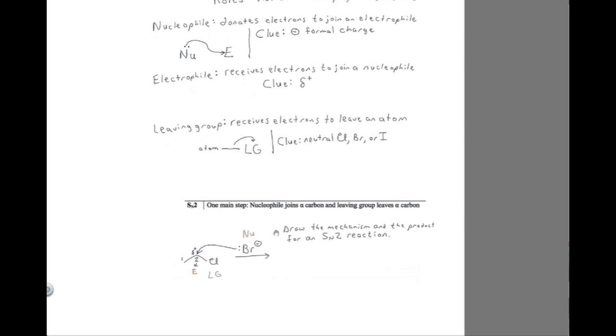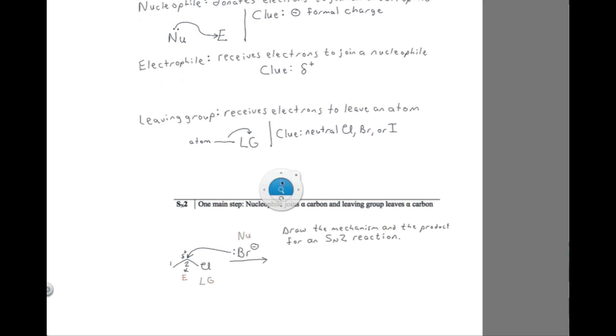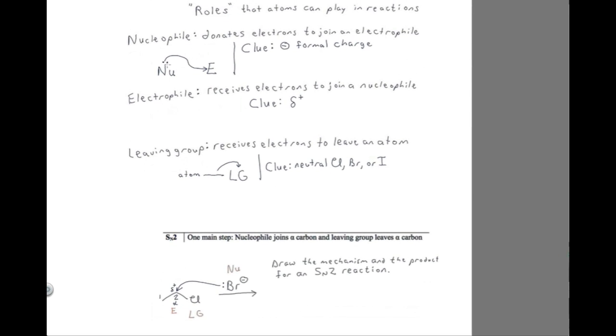In our previous video, we learned that the electron-pushing arrow should point from the nucleophile towards the electrophile, and we've followed that with this arrow. This arrow points from the nucleophile towards the electrophile. The arrow shows the movement of the electrons from the nucleophile towards the electrophile.